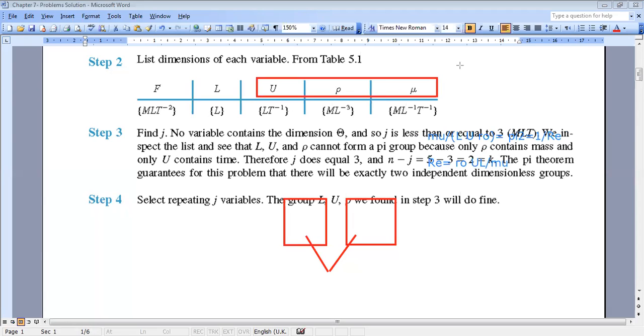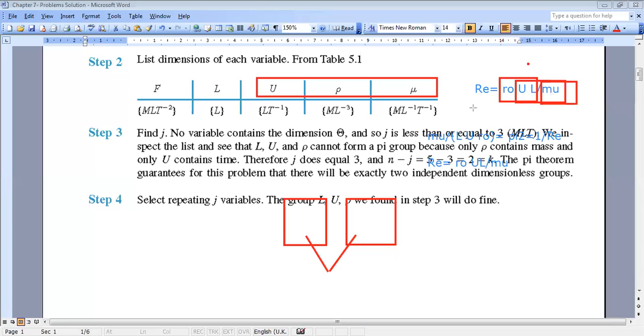Now with experience you will start to know. You know why? Because if you know some dimensionless numbers, it works. You should know Reynolds, for example. You know that Reynolds is rho times velocity times length over mu, right? So you can directly say that if I take U, L and mu alone, they cannot form a group because they need rho to form a group. Or I can take rho, U, L together, they certainly cannot form a group. Or I can take mu with U and rho, also they cannot form a group.